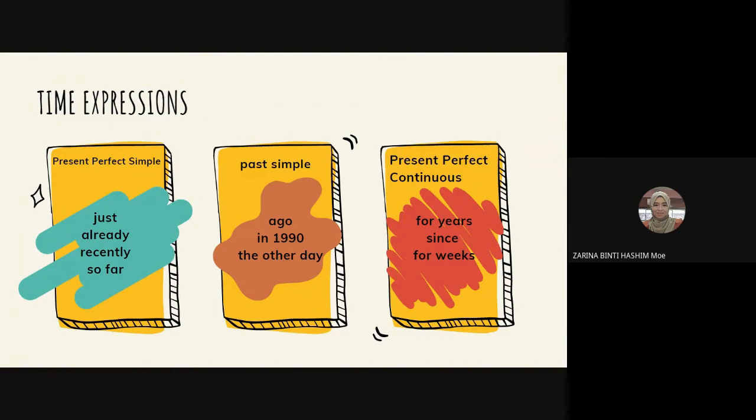So, do you know that Joe has, H-A-S, work at the sport arena for 15 years? For 15 years, maybe he will continue. That's why we use present perfect simple.